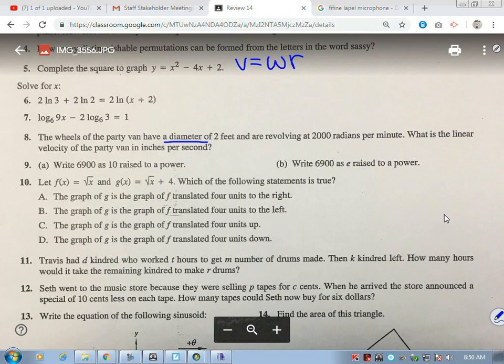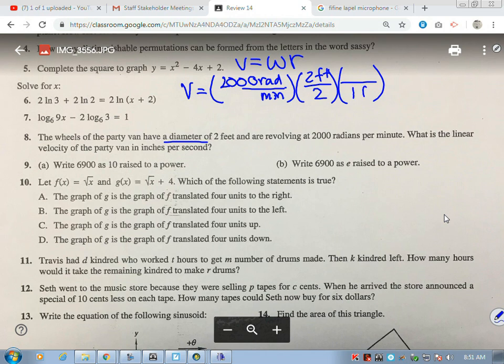So what I have here is V equals 2,000 radians per minute. Okay. We've got our 2 feet, which we're going to divide by 2. Right. We're going to show the conversion there just so we don't lose anything. Right. We've got 1 foot. It's 12 inches.